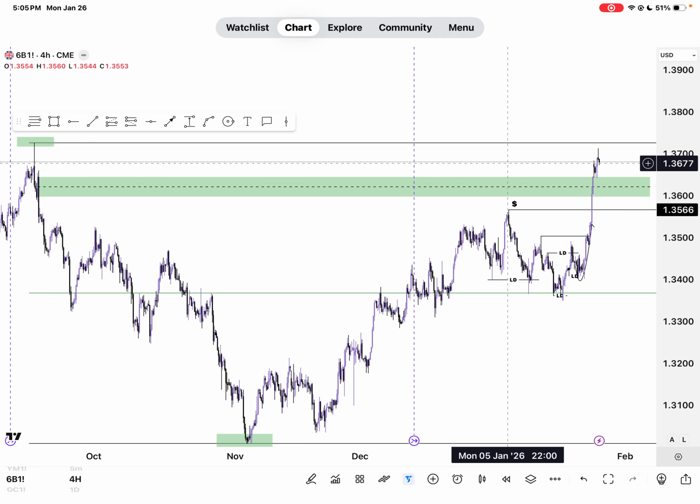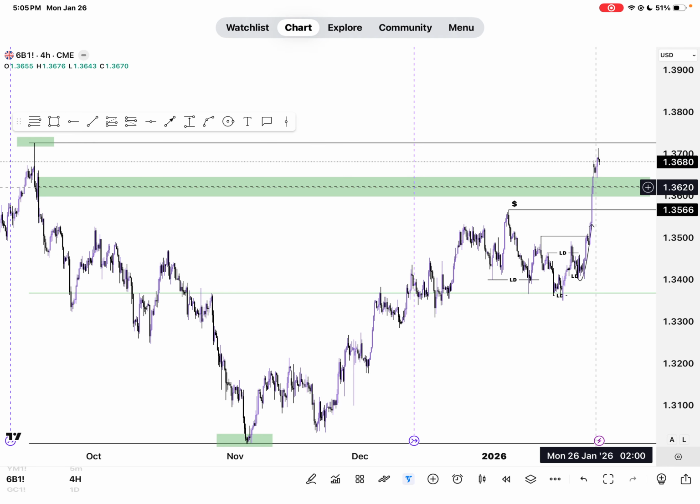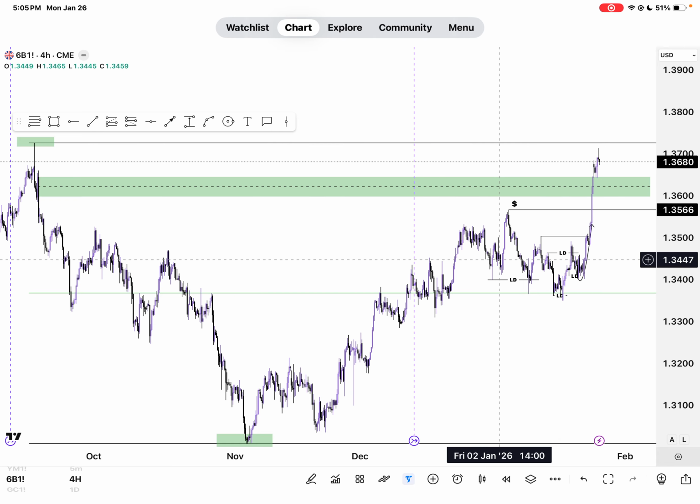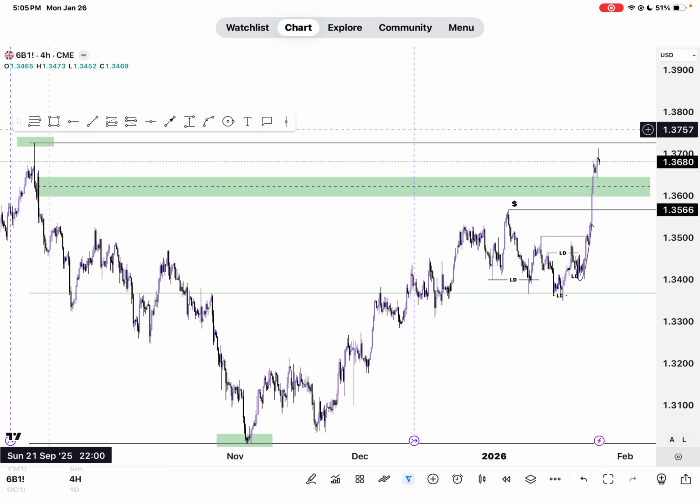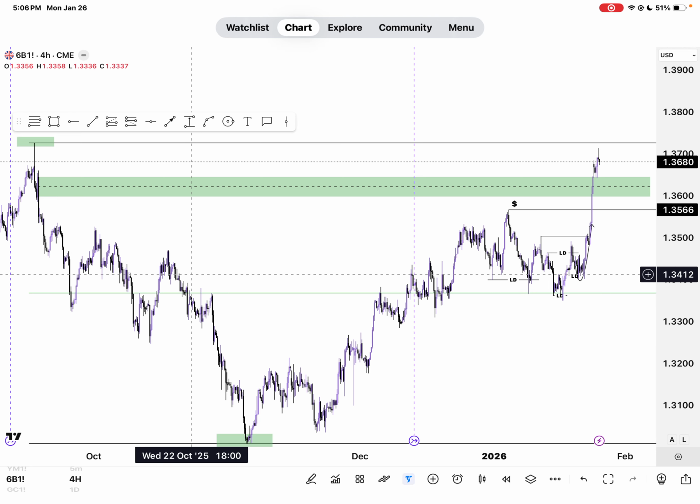Because this area of interest was mitigated but failed, what this leads me to believe is that, similar to this area here, there is nothing left in this bearish price leg that is unmitigated from the 4-hour perspective that will keep us inside of this bearish price leg.